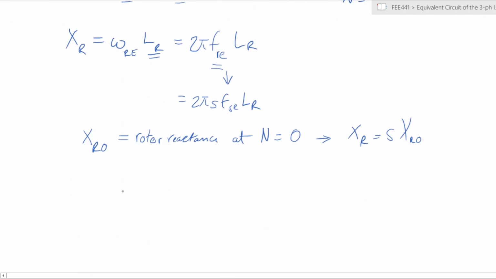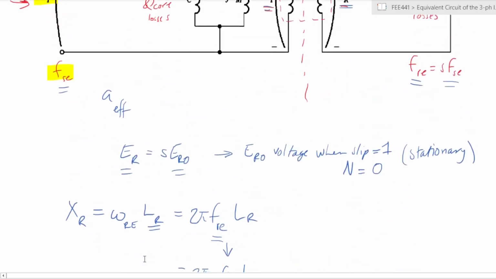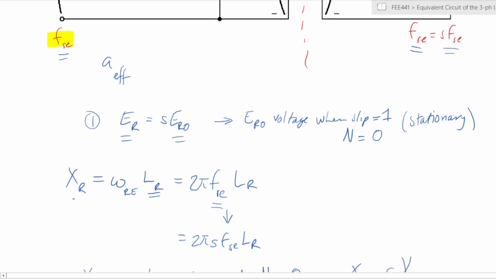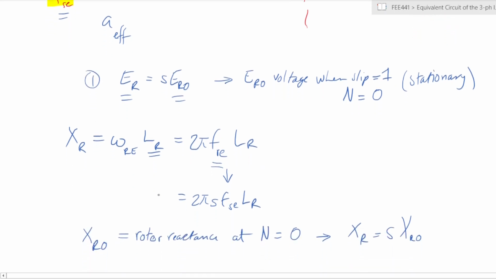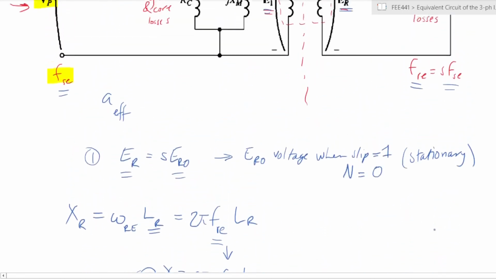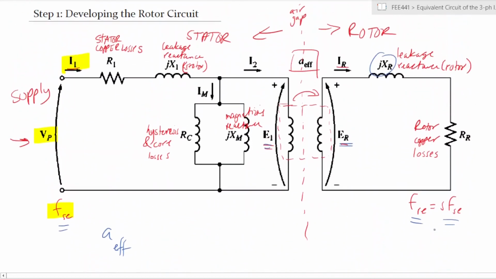And we have already said we know what ER is. So we have a number of equations that we have created. We have that, we have this, and we have that one. Let's see how else we can relate each of them to each other. Let's look at this circuit on its own.